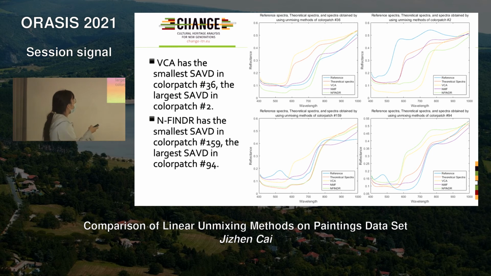This is because even though in this paper so far we adopt the linear method, as we said before, we assume that the relationship or the contribution from each pigment is linear.